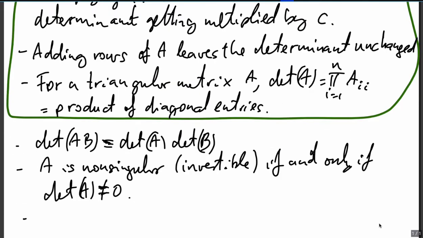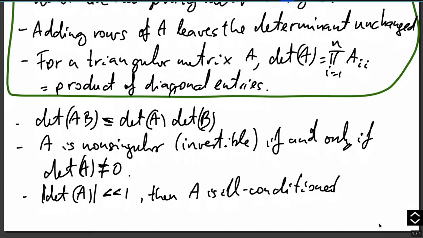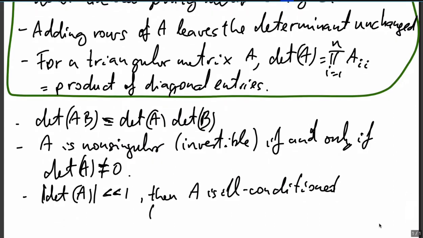We will not use it, but I should mention that if the determinant of A is very small, much smaller than 1, and maybe in absolute value, because the determinant can be positive or negative, then A is so-called ill-conditioned. So this means that you can expect in numerical calculations a lot of errors due to rounding errors and division by numbers that are close to zero, overflow errors.